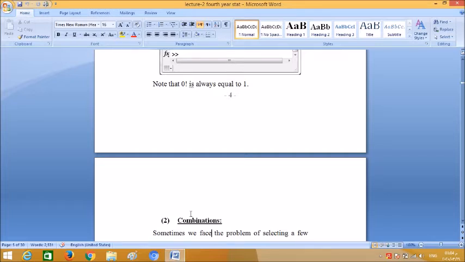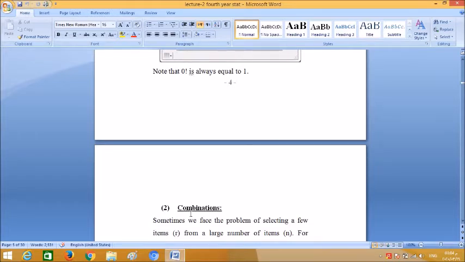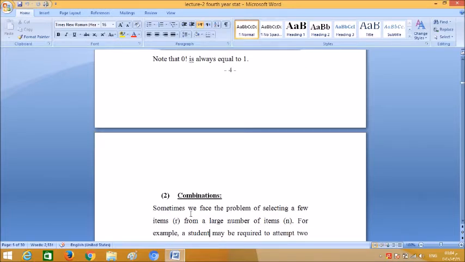Combinations means groups. Sometimes we face the problem of selecting a few items denoted by R from a large number of items denoted by N. Okay?